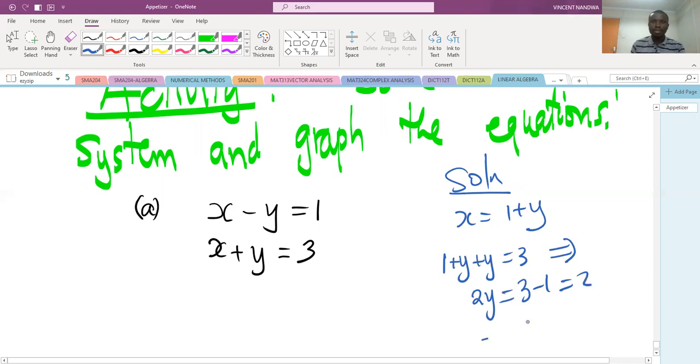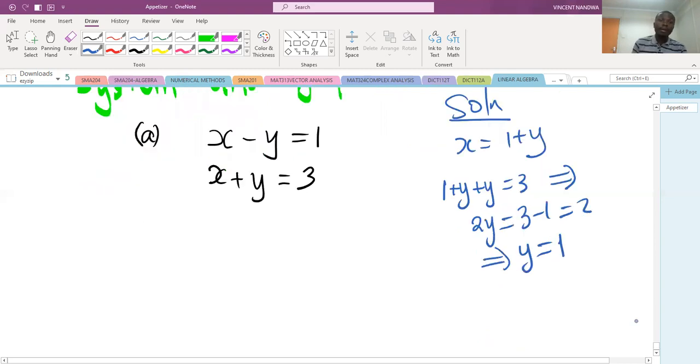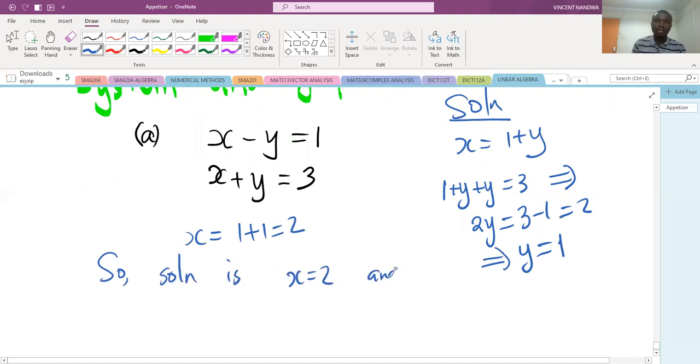So y equals 1, and then x is 1 plus 1, which is 2. So the solution is x equals 2 and y equals 1. And we see that 2 minus 1 is 1 and 2 plus 1 is 3.